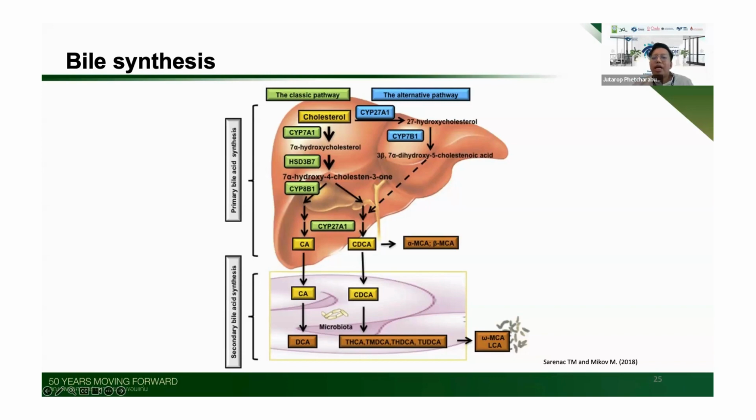Then 3-beta-hydroxysteroid dehydrogenase converts the 7-alpha-hydroxycholesterol to 7-alpha-hydroxy-4-cholesten-3-one, which is converted to 7-alpha,12-alpha-dihydroxy-4-cholesten-3-one by a sterol 12-alpha-hydroxylase. So this is just one example of how the bioconversion of primary bile acid takes place in the liver.